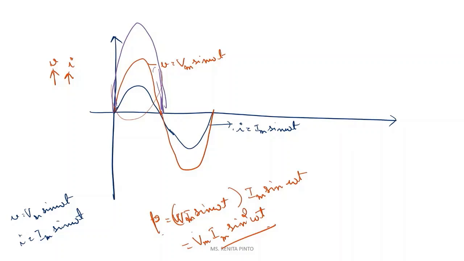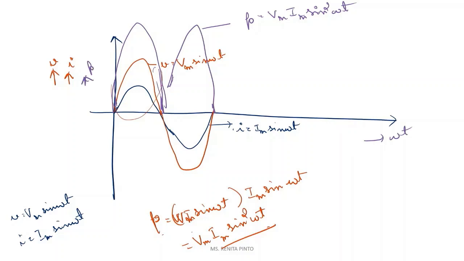That means the power curve in the next half cycle will also be positive. So what is this power curve? It is nothing but P is equal to Vm into Im into sin square omega t. This is omega t. So P. Okay. So this is how your power curve will look.